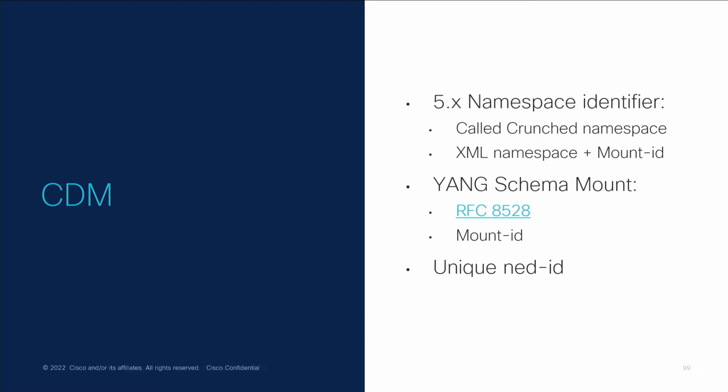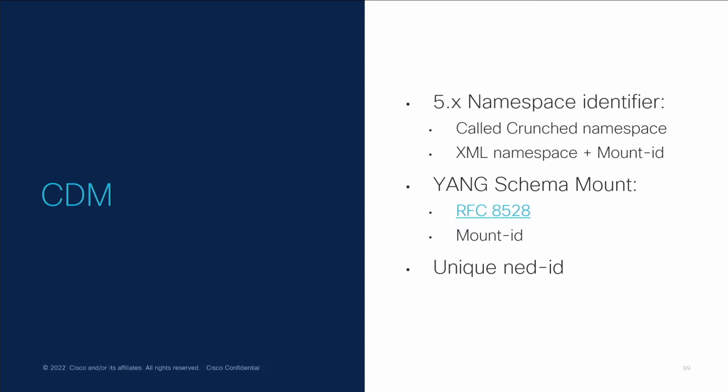It's called the crunched namespace. And where does this mount ID come from? There is a special RFC that was introduced in 2019, RFC 8528, about Yang schema mount. This RFC introduced the concept of mounting a schema in another model, and there is this new concept of the mount ID.